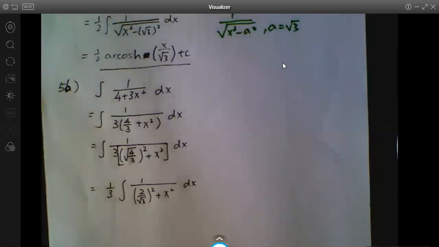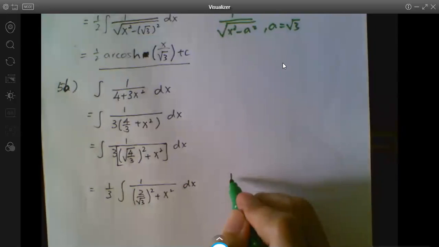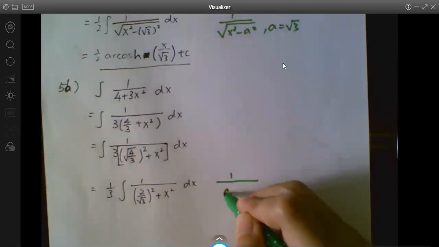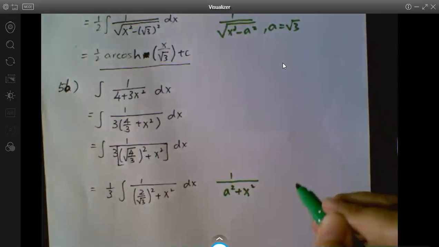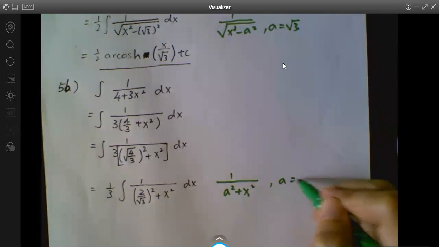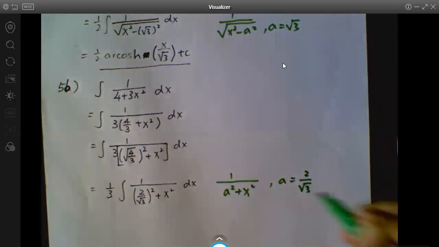Comparing with the formula, a is 2 over root 3. You can rationalize it, but that's not really important.